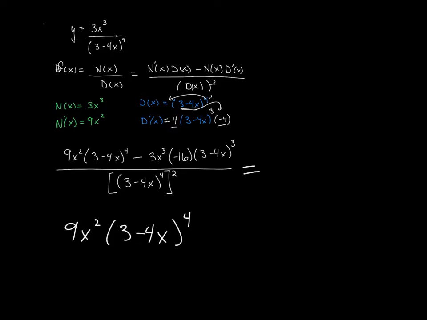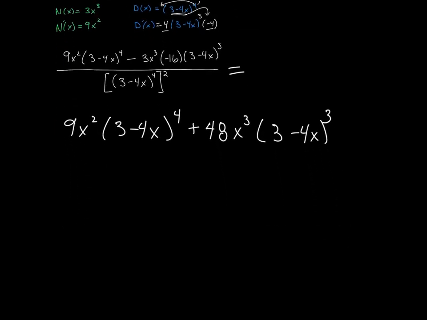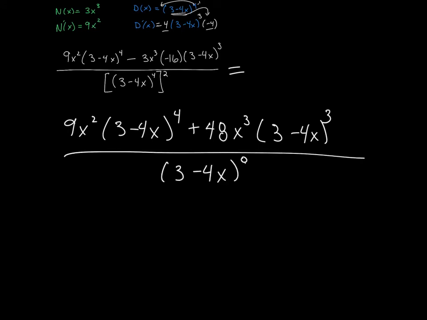Those two negatives are going to become a positive. 3 times 16 gives me 48 x to the 3rd, times 3 minus 4x to the 3rd. And in the denominator, that gives me 3 minus 4x to the 8th power.